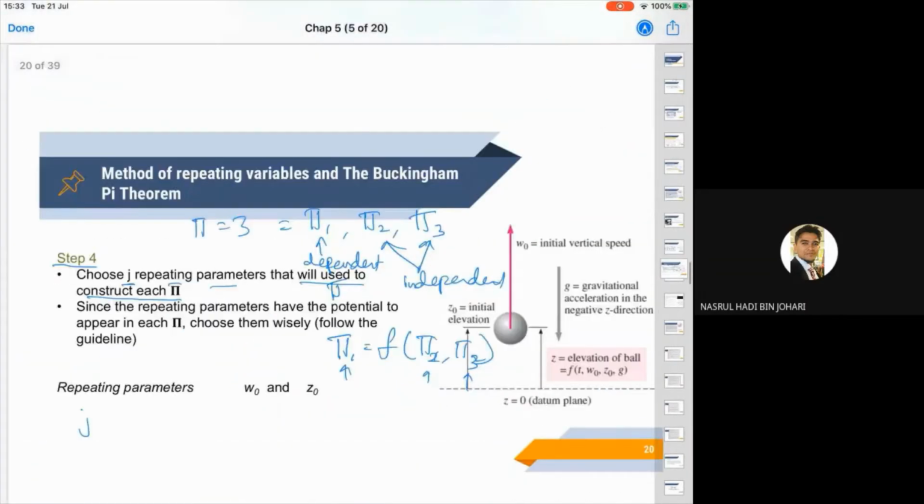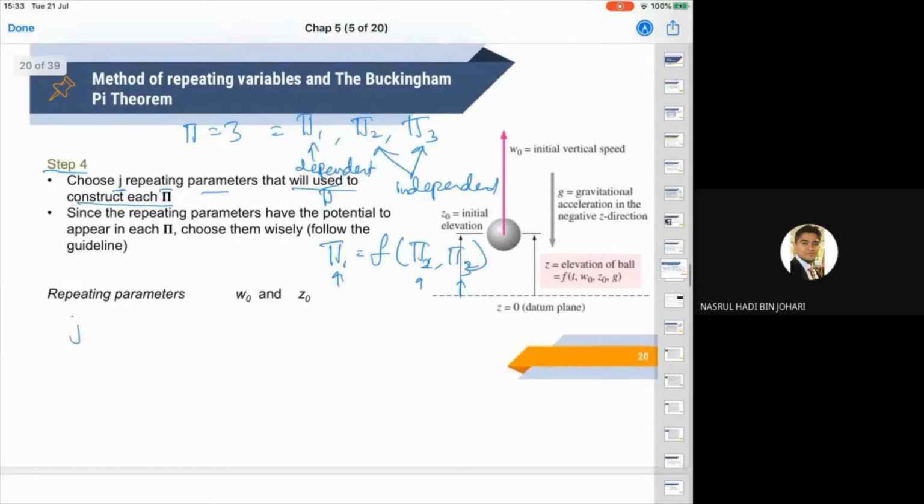But in this one, don't get confused, because I remember a previous semester student asked me why J here is repeating parameters. Because here we agree that J is equal to 2 by guessing the primary dimensions. So we want to use the number 2 in step number 4 to get the repeating parameters that we'll use to construct each pi.